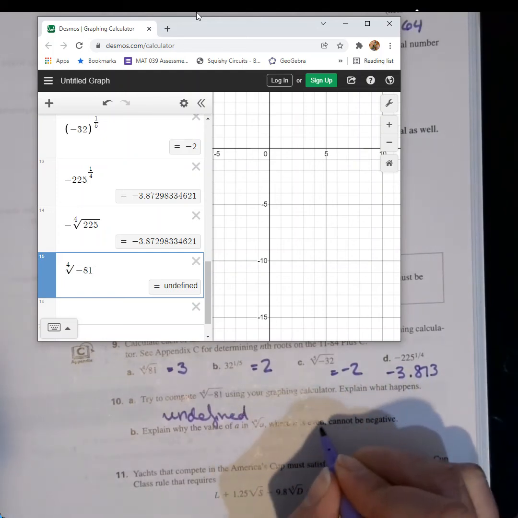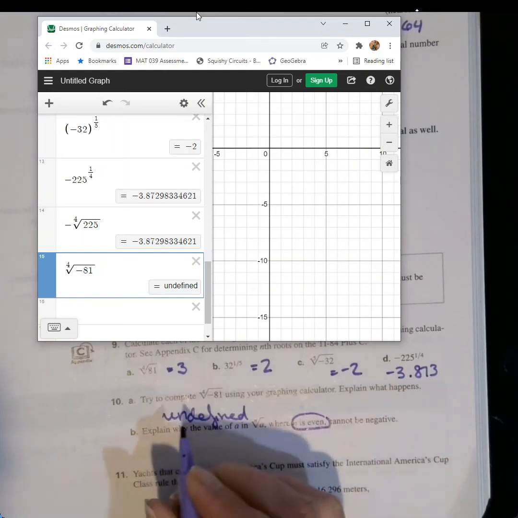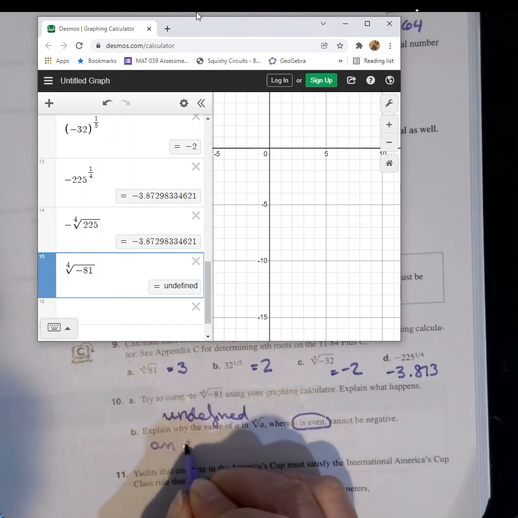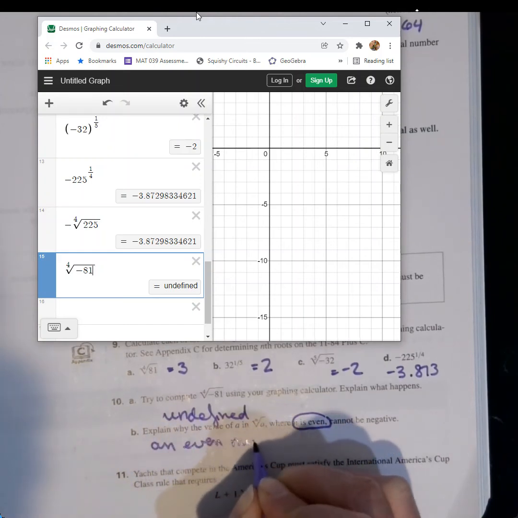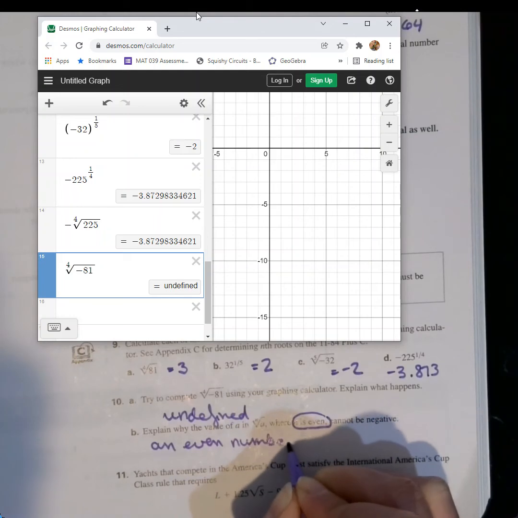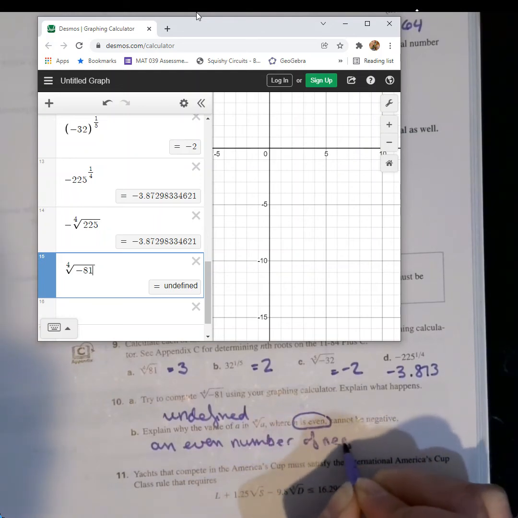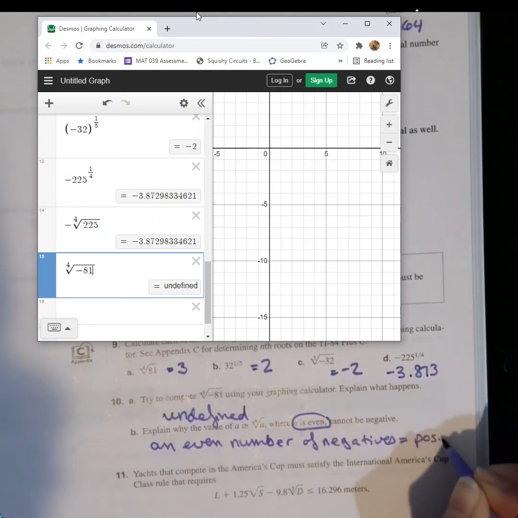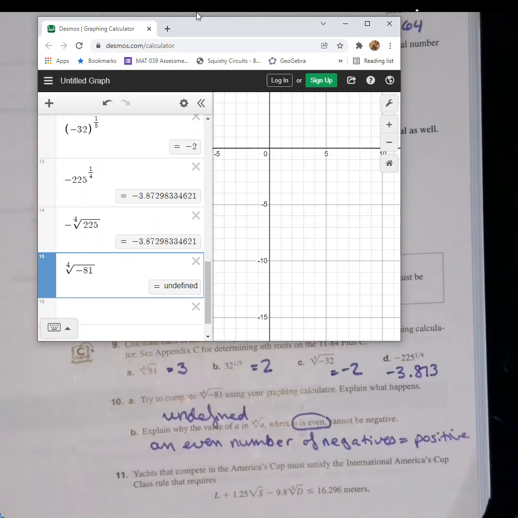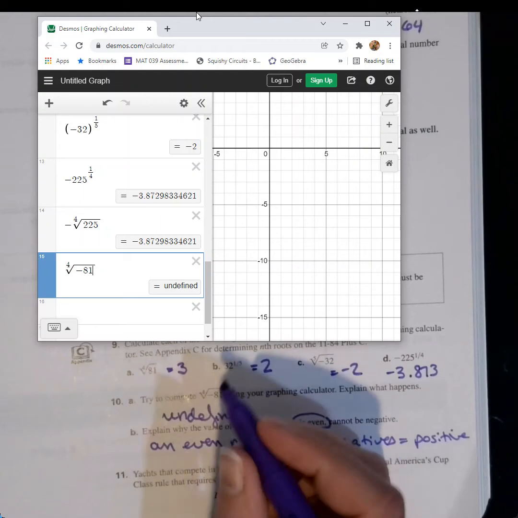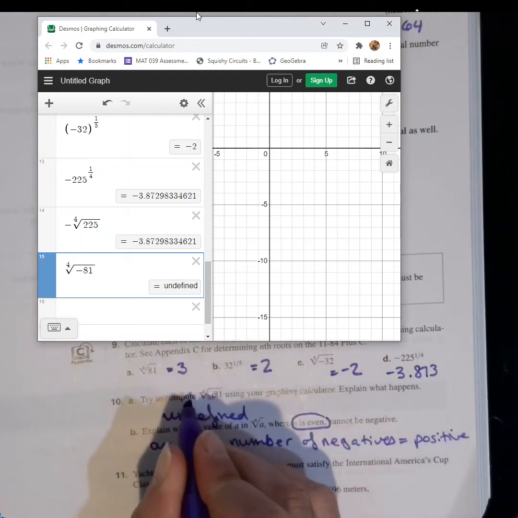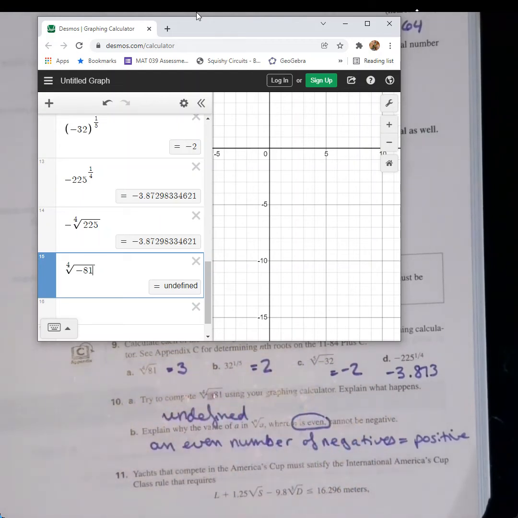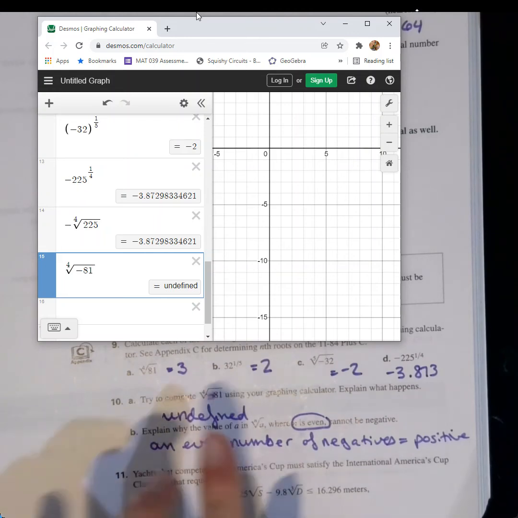Because the index is even, and an even number of negatives would make a positive. So 2 negatives makes a positive, 4 negatives makes a positive. So there's no way that you would be able to have a negative number inside of a radicand where you have 4 of the same thing. 4 of the same thing would have been positive. 4 of the same thing cannot be negative. So this is going to be undefined.